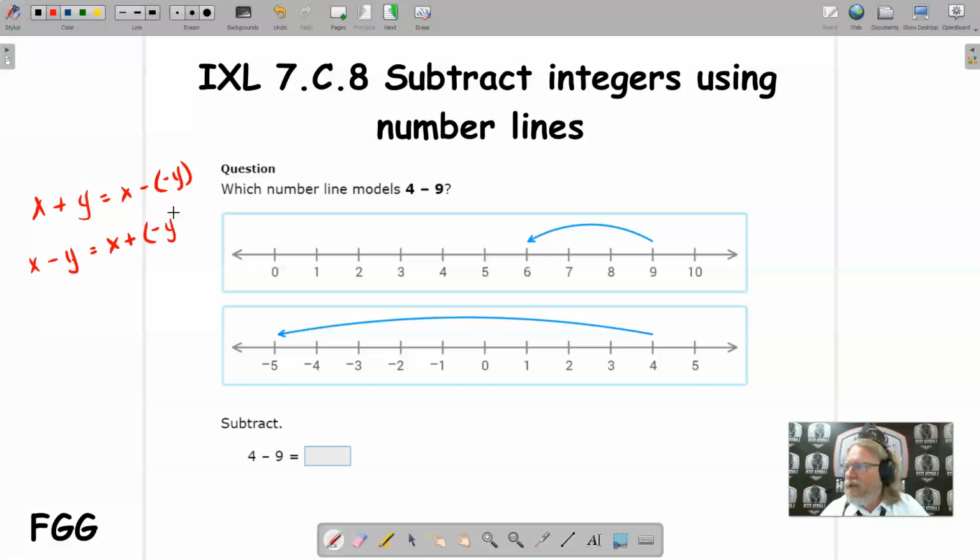So a little bit of a refresher on that concept of being able to change the sign and take the opposite number. That's going to come in helpful here.